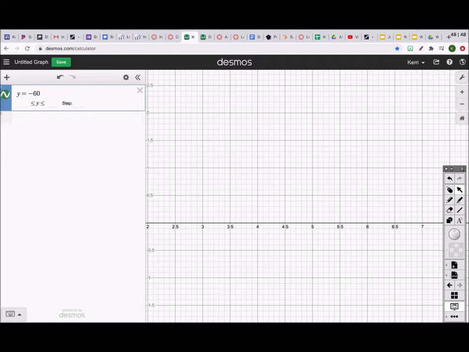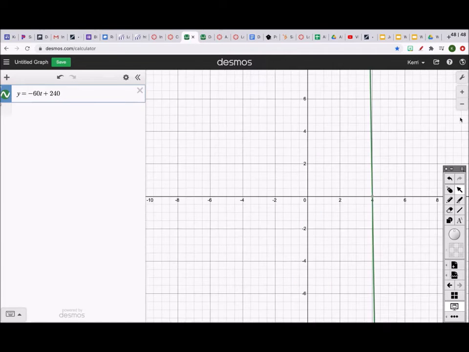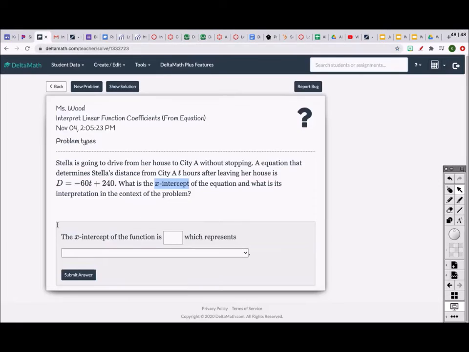So it was negative 60x, t, doesn't matter if you put t, plus 240. You may need to zoom in or zoom out to see where your line crosses the x-axis. But when you roll your cursor over the top, you can see that it crosses the x-axis at 4. So when it says the x-intercept, the easiest way to do this is to graph it, and this is going to be the answer, which is 4.